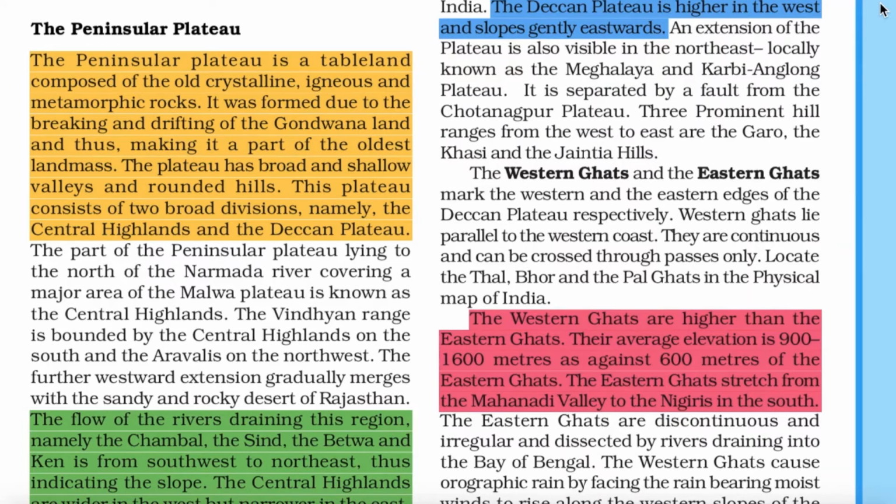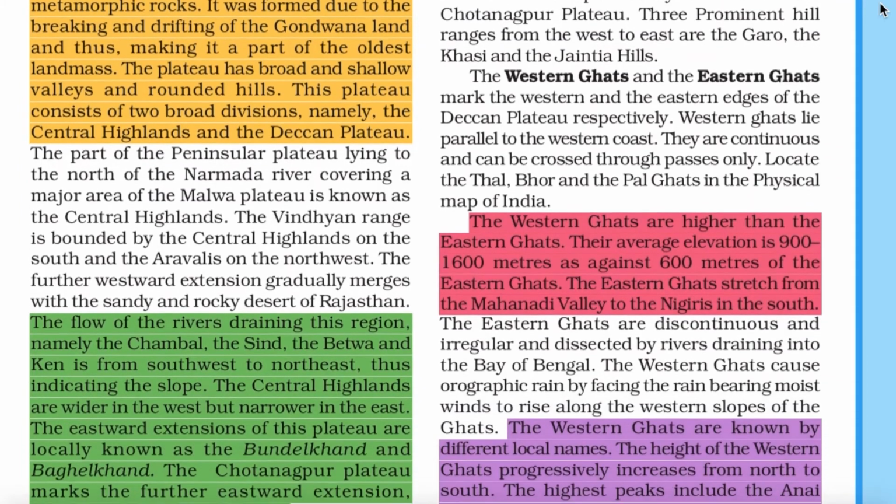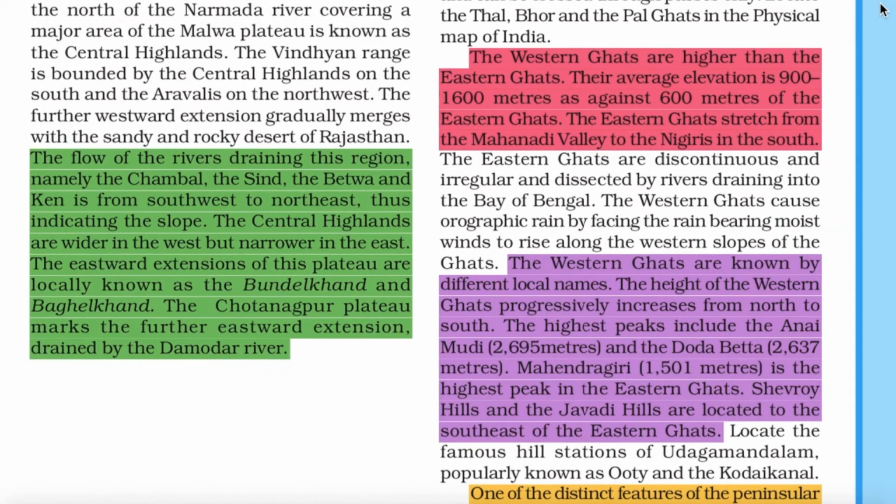The Vindhya range is bounded by the Central Highlands on the south and the Aravalis on the northwest. The further westward extension gradually merges with the sandy and rocky desert of Rajasthan. The flow of the rivers draining this region, namely the Chambal, the Sindh, the Betwa and the Ken, is from southwest to northeast, thus indicating the slope.